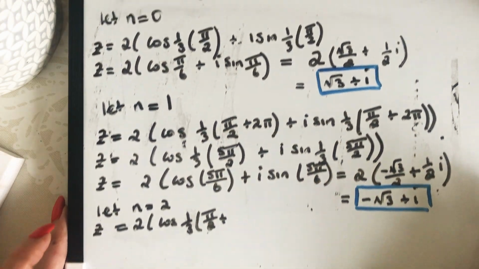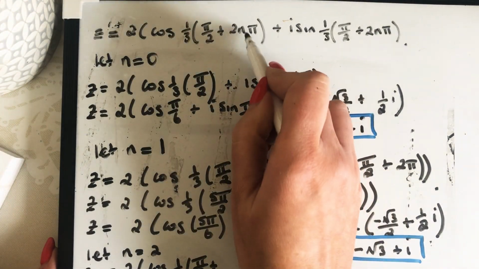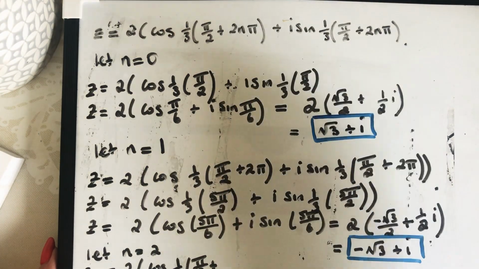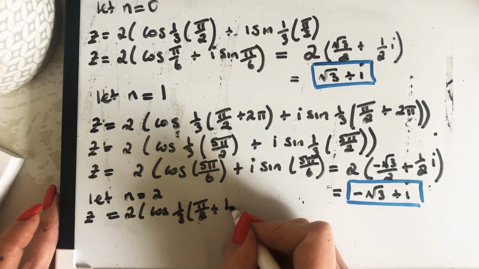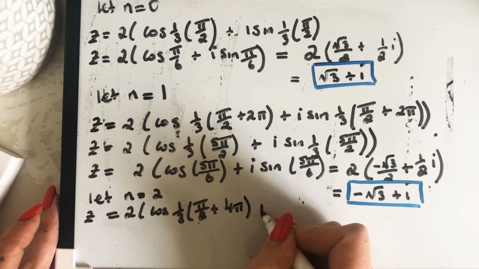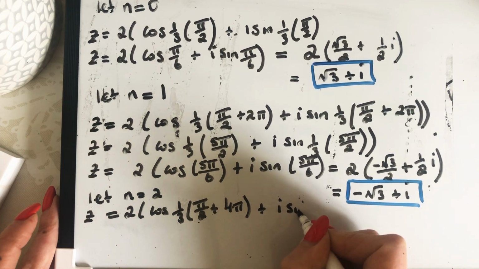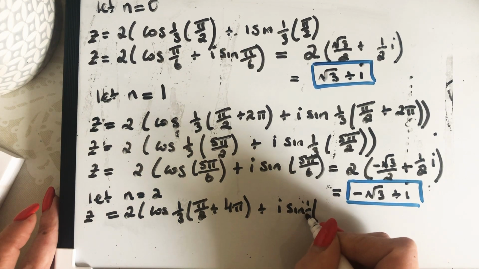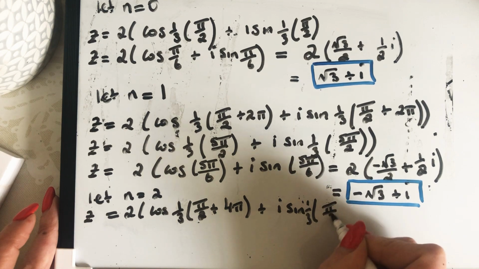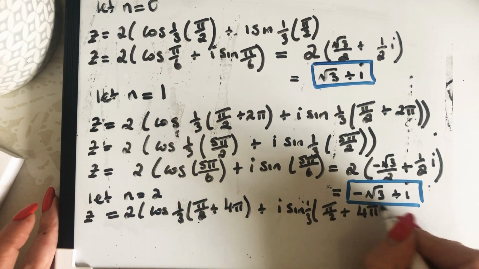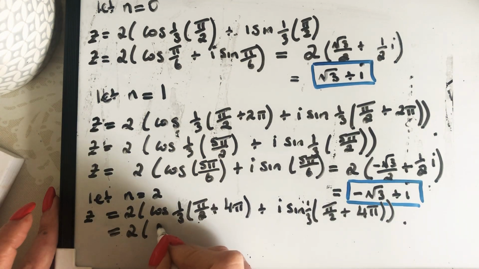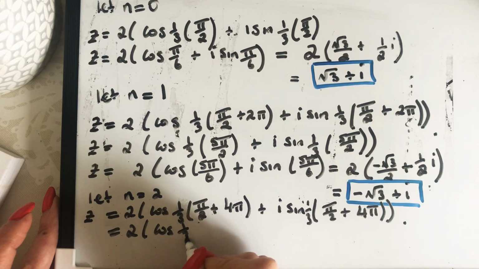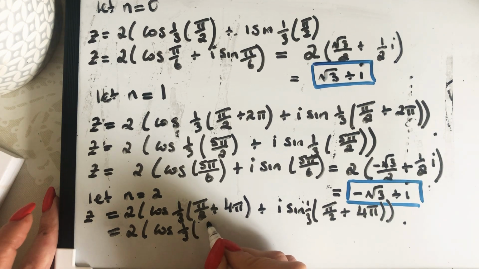Now you can see here that we are putting in a 2 here, so now we have 4 pi. So 4 pi plus i sine 1/3 pi over 2 plus 4 pi. So there's my cos 1/3, and we get 9 pi over 2 here now.